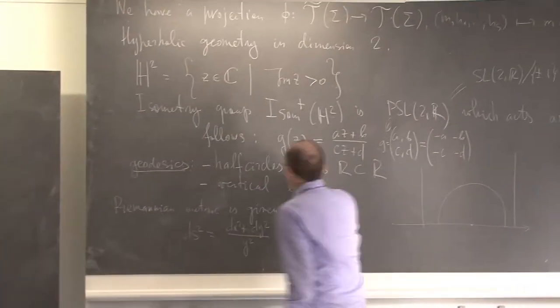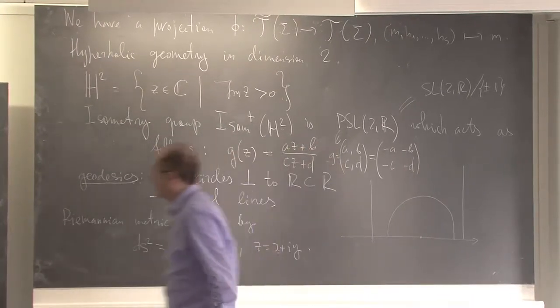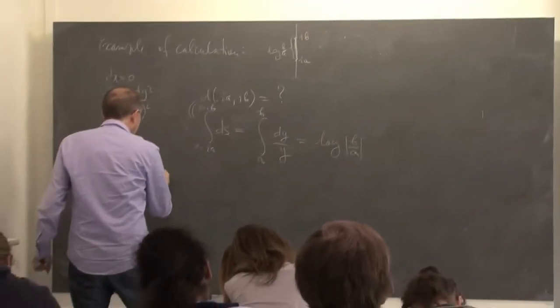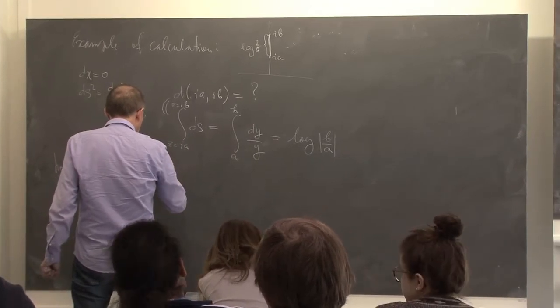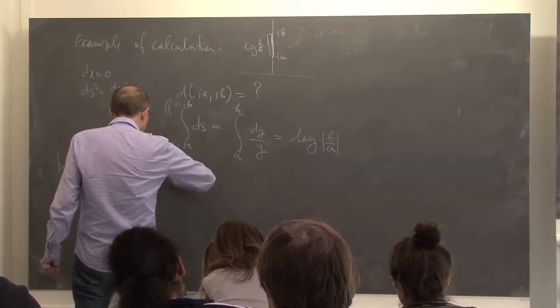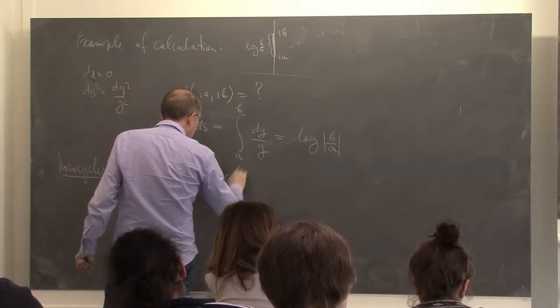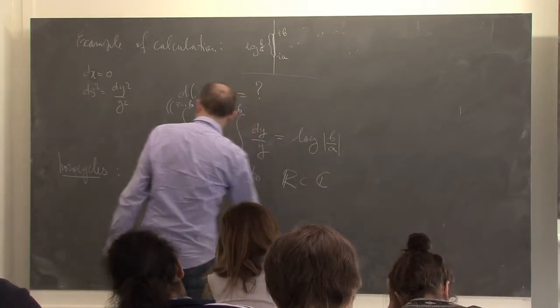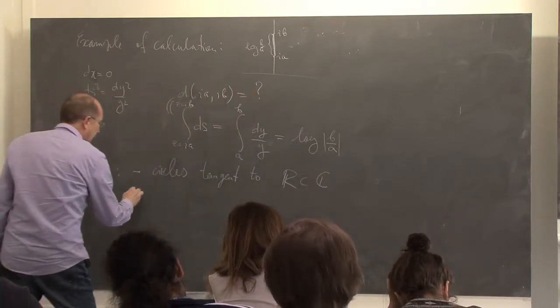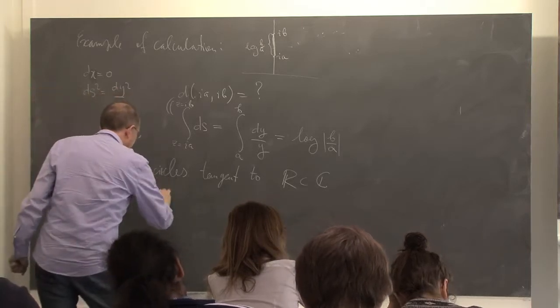If geodesics are given by either half circles or vertical lines, then horocycles are given by either circles tangent to the real line, or second, horizontal lines.